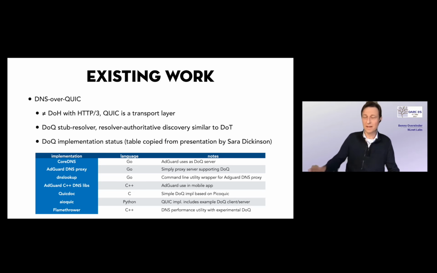I have copied here the table of the implementation status of DNS over QUIC. I won't go into detail. This table is from a presentation by Sara Dickinson. So there's good work going on already here. I'm looking forward to more results and progress on the document.